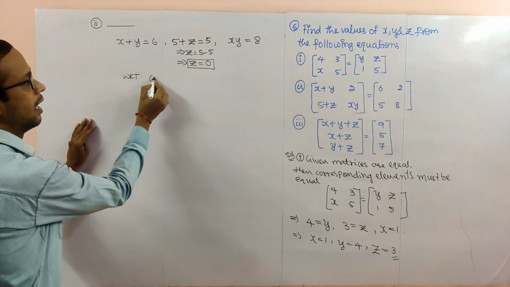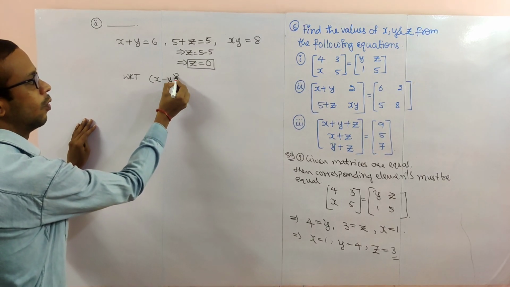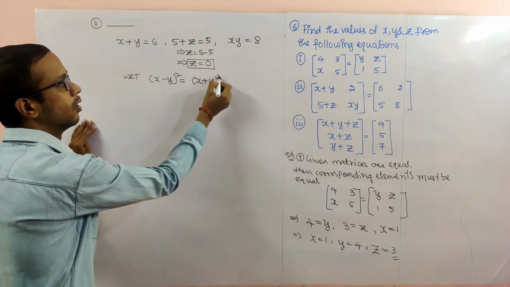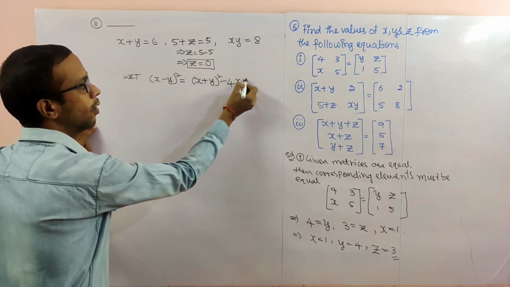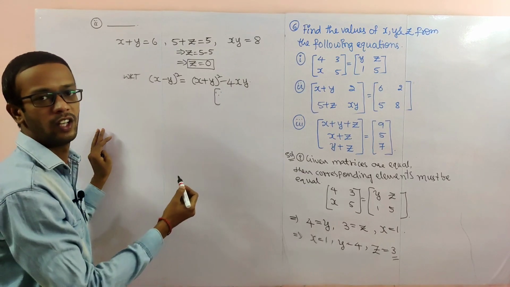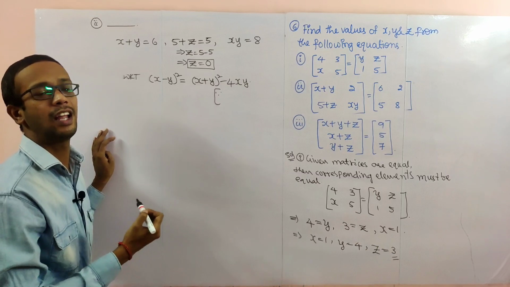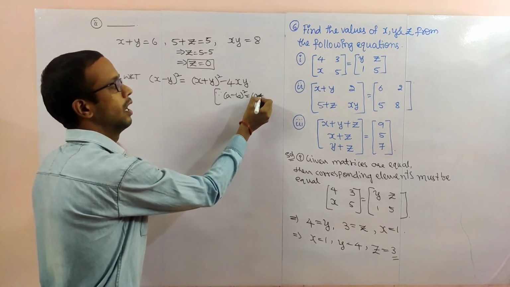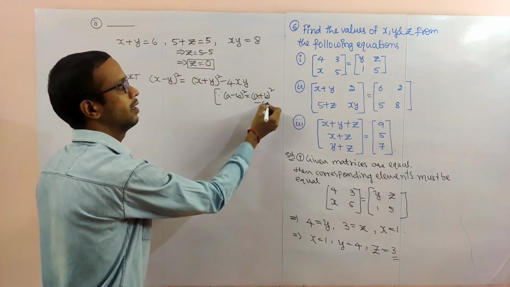We know that (x minus y) whole square is equal to (x plus y) whole square minus 4xy. This is the formula, the relation between (a plus b) whole square and (a minus b) whole square. (a minus b) whole square is equal to (a plus b) whole square minus 4ab.